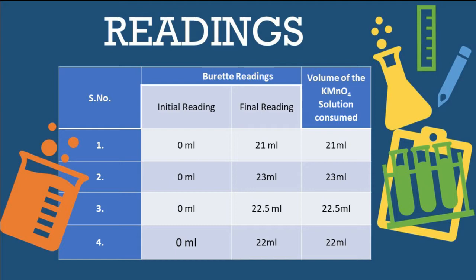So in each case, our initial reading was 0 ml and the final readings were like this: 25 ml, second 23 ml, then 22.5 ml, then 22 ml, which gave the volume of KMnO4 solution consumed while titrating the oxalic acid.